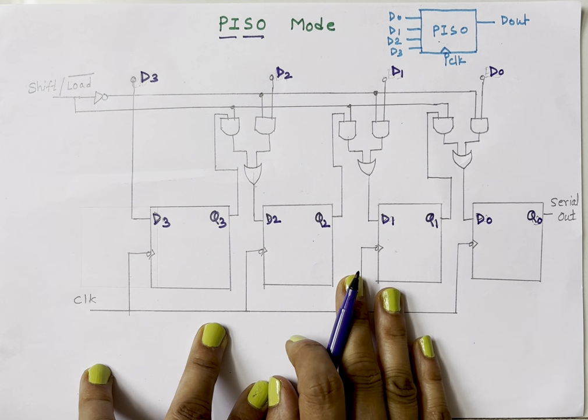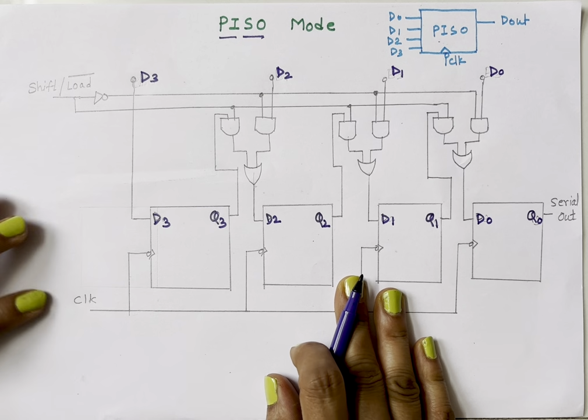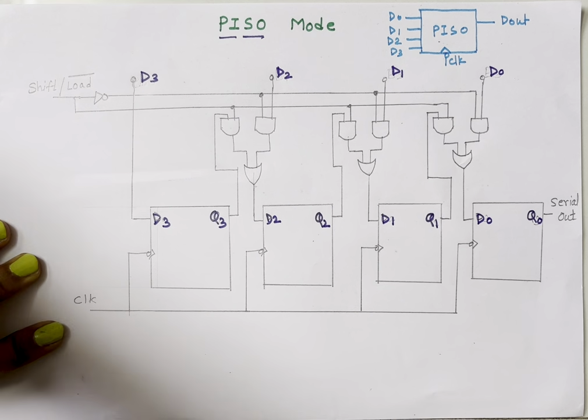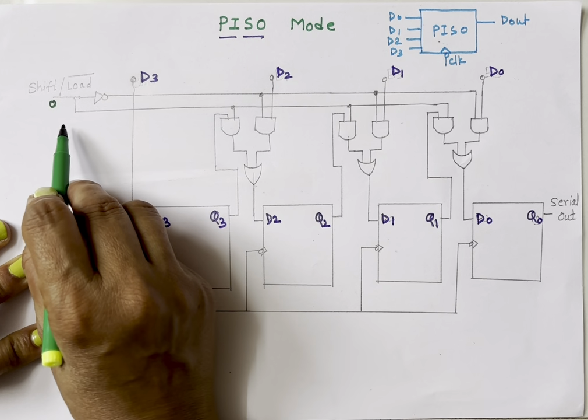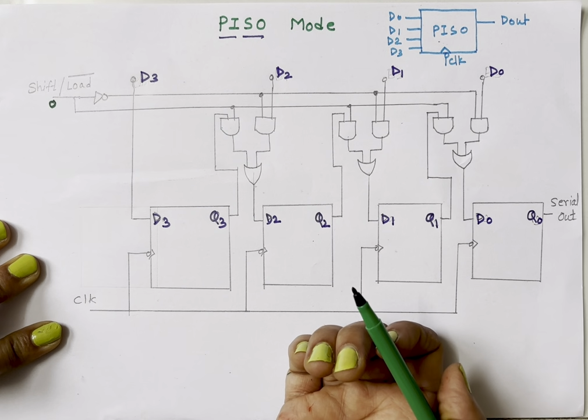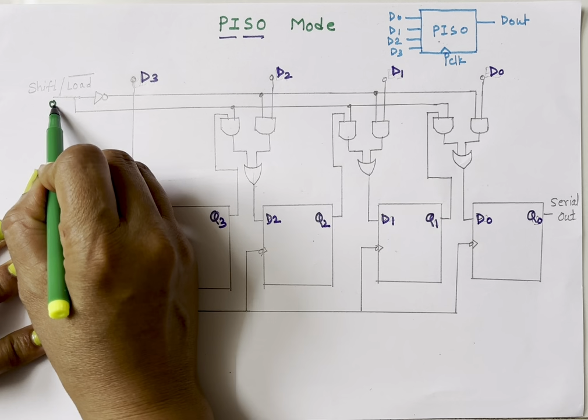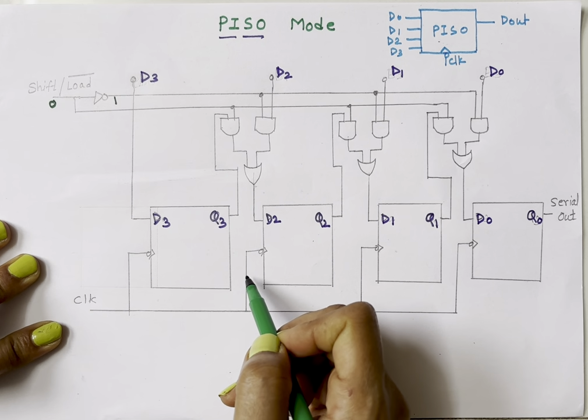So let's start with load mode. So here what is given? Load bar. Load bar means if this input is 0, then I can load the data. Now see what will happen. If this is 0, the output of this NOT gate is 1.